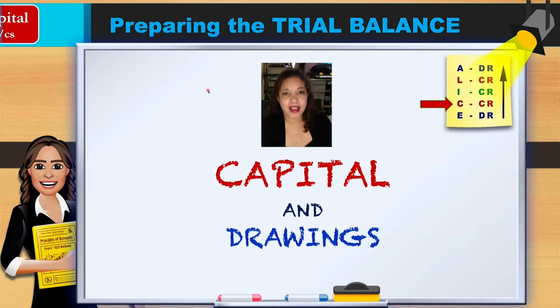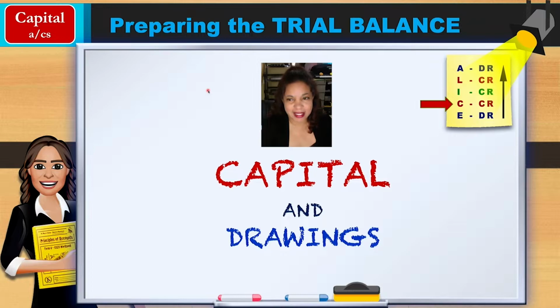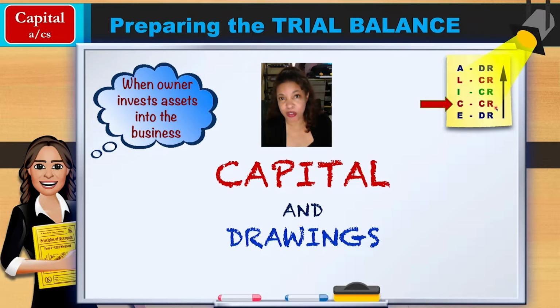So capital and drawings. Now, if you look here under Alice, you see capital, but there are only two accounts for capital. There is the capital account, so that is obviously capital, and that is for when you increase capital. So that will be the credit. However, you're not seeing anything there for drawings, but drawings is a capital account.